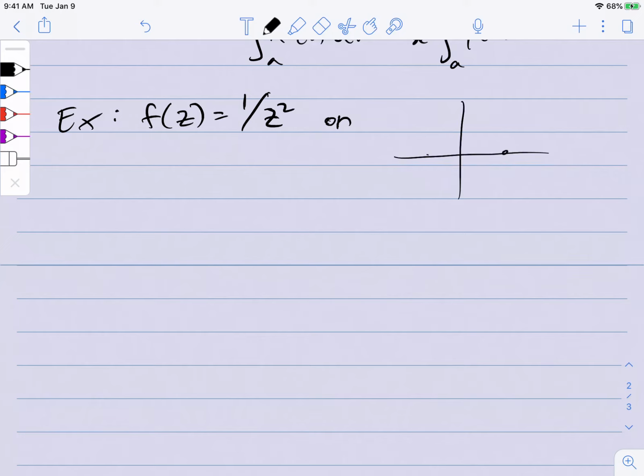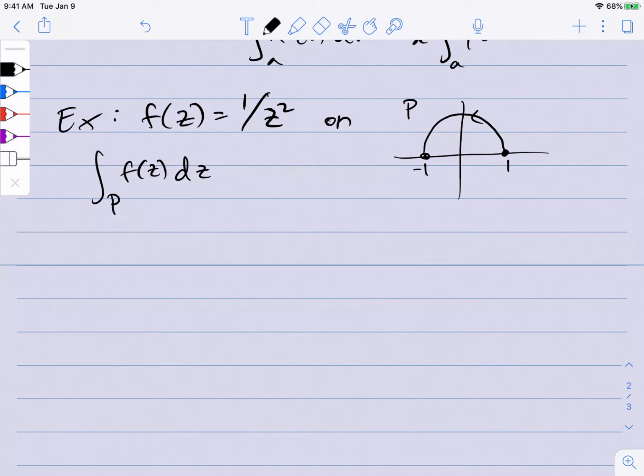So I'm going to choose a path on the unit circle from 1 to -1, going counterclockwise. So we want to calculate the integral over this path of the complex function 1 over z squared.